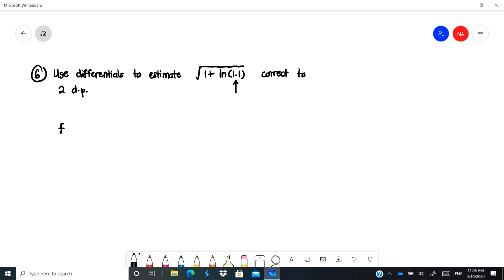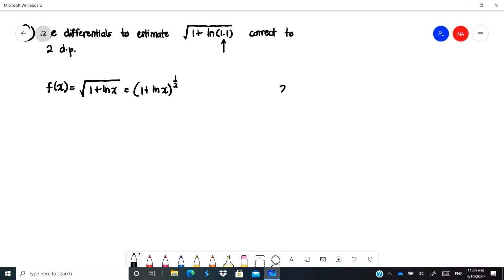So firstly, f of x is given by the function 1 plus ln of x, or we can write (1 plus ln of x) to the power of 1 over 2. Okay, so our x is this value, which is 1.1. Of course x naught is 1, so our delta x will be x minus x naught. So 1.1 minus 1 will be 0.1.